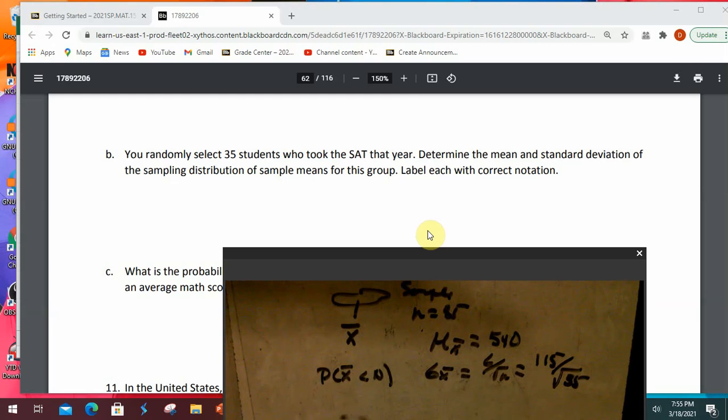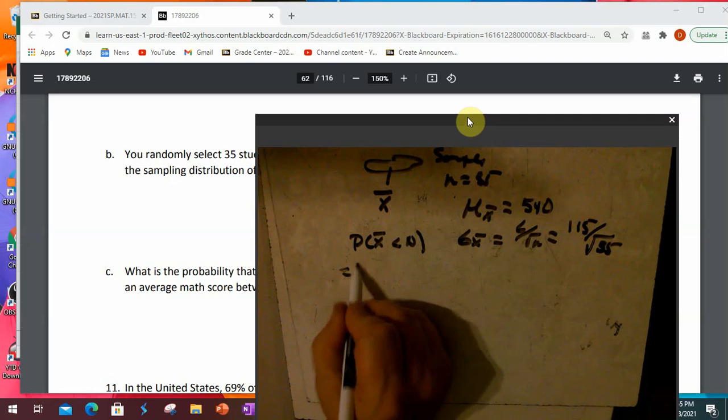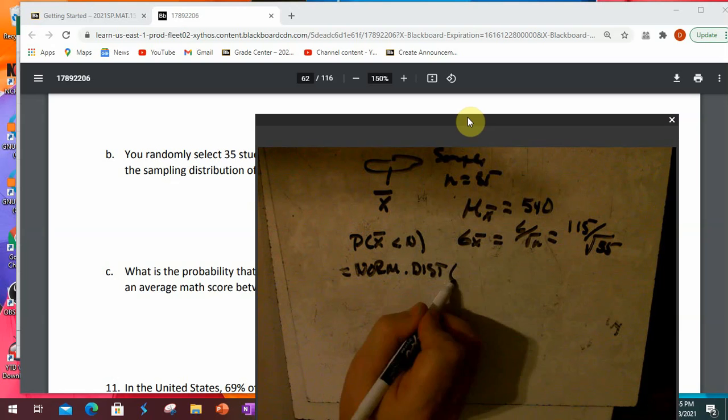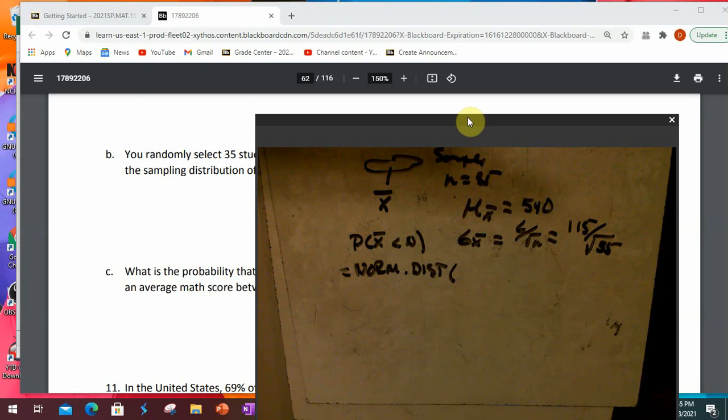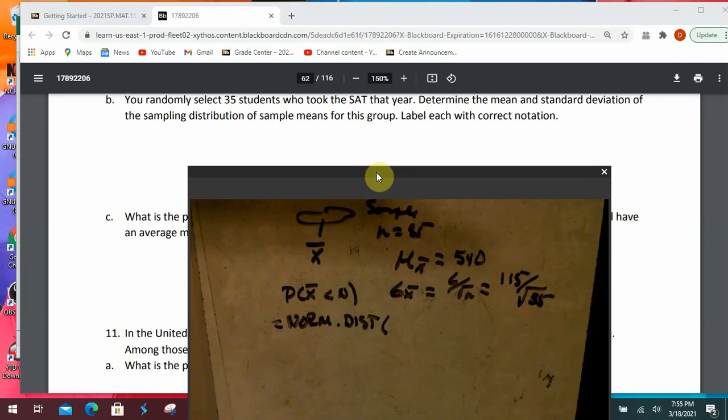So now, once I get to this, I can do the normal distribution, whatever this thing is, so that's what I'm going to use. Let me see what the question is. What is the probability that a group of 35 who took the SAT will have an average math score between 550 and 575?